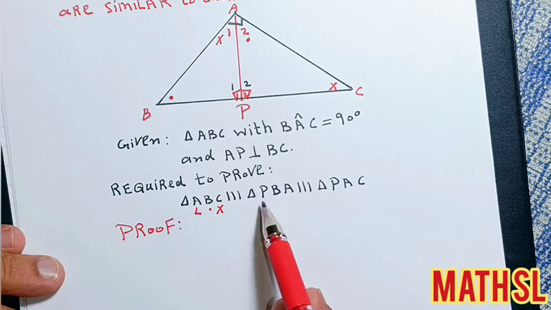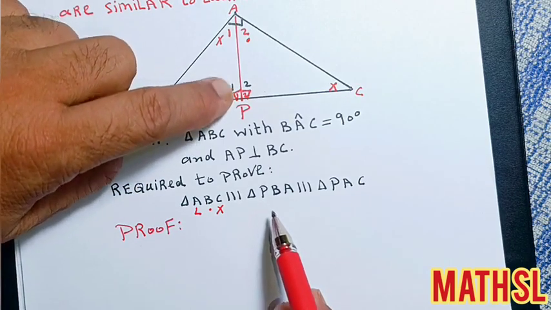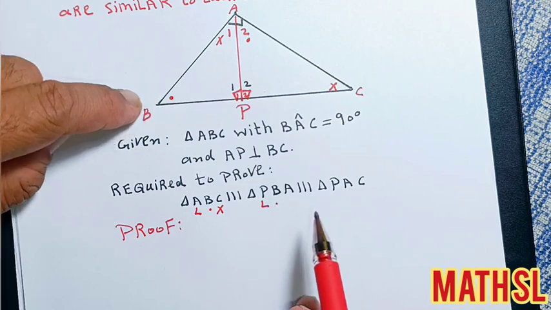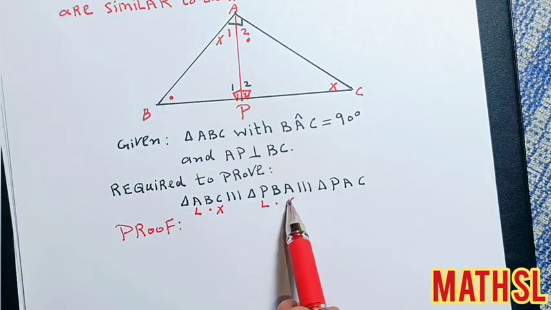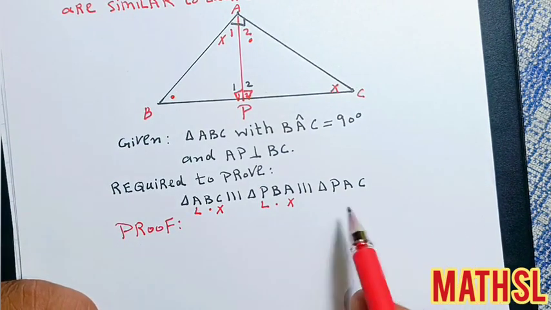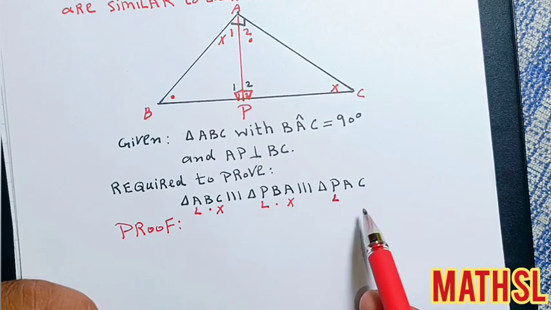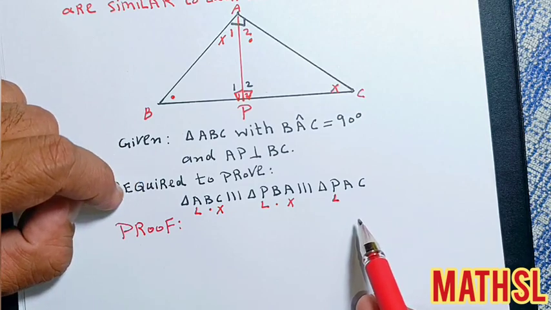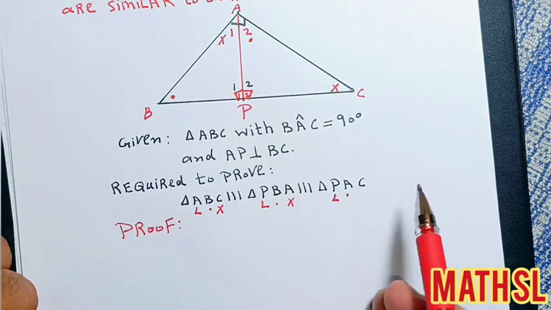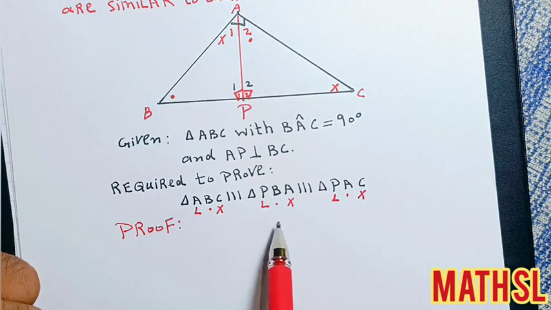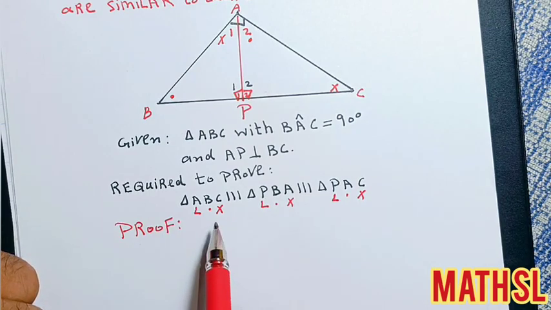Again in this triangle, P is supposed to be 90 degrees, B is supposed to be a dot, and there is a dot, and A is supposed to be a cross, and there is a cross. Then in PAC, P is supposed to be 90 degrees, yes it is, and A is supposed to be a dot, and there is a dot, and C is a cross, and there is a cross. Pay attention to the order of the letters in these triangles. So now I'll show you how to prove it.